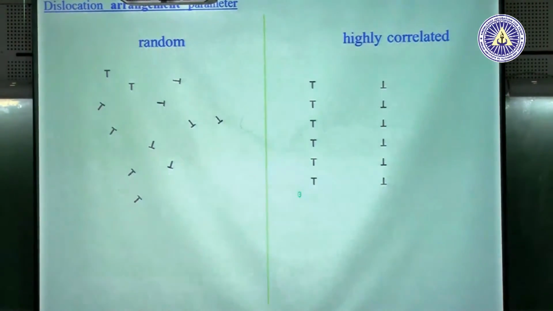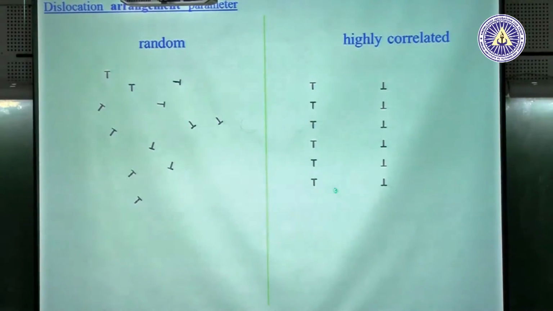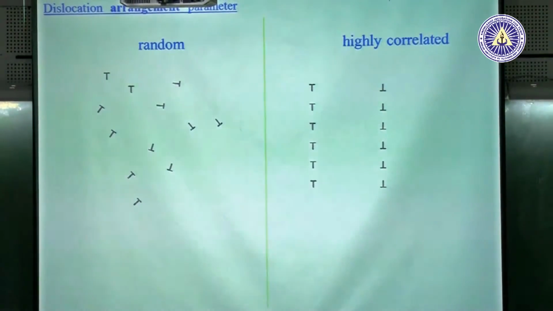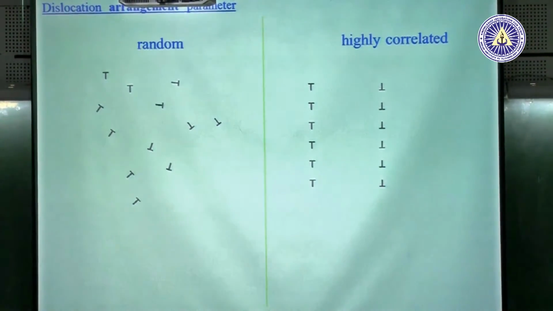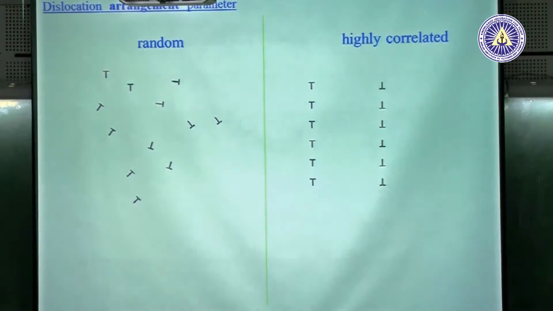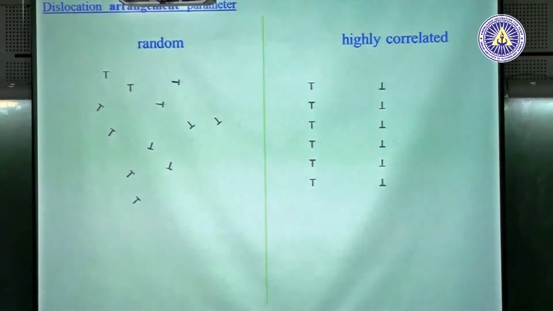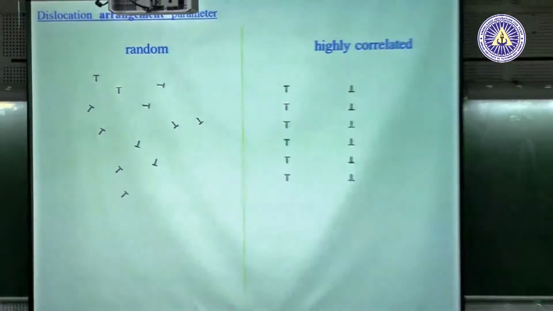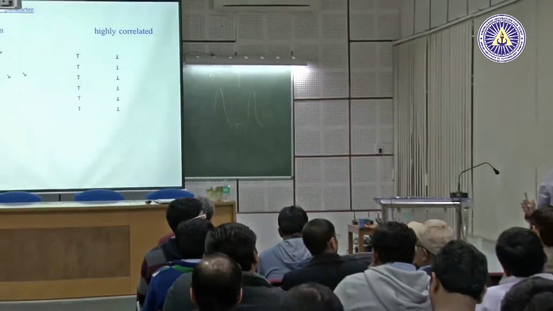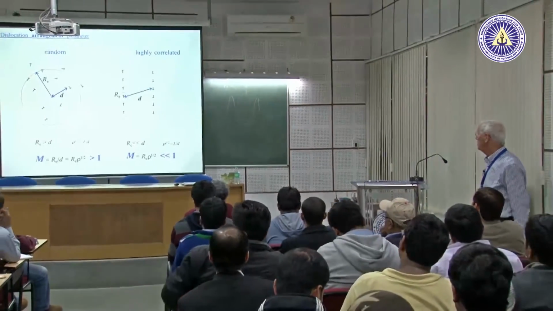Because if you go close enough to the dislocation, that means you go far enough from the Bragg peak, you see only one dislocation. So why should it not have a strain effect? It does have strain, but it is very strongly screened. Okay?